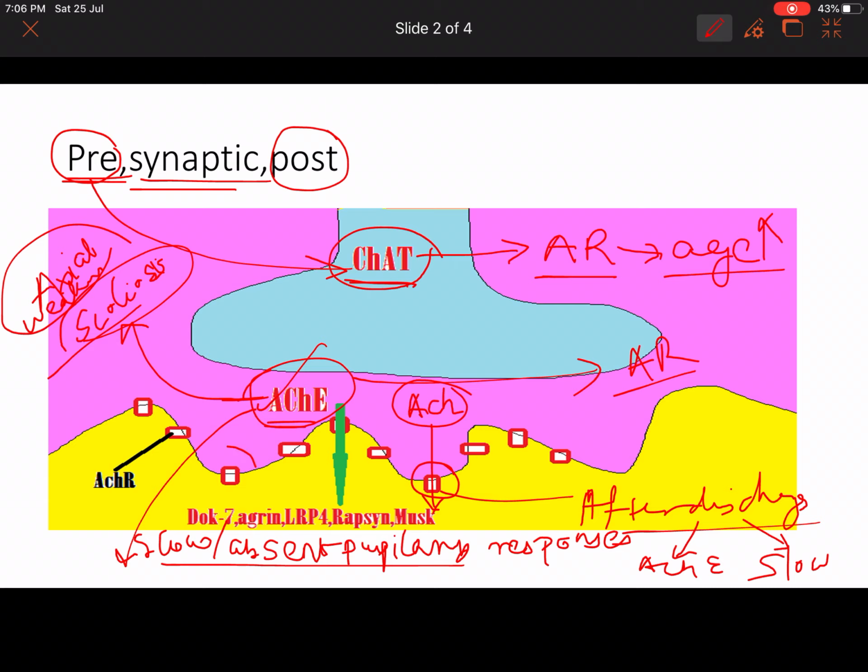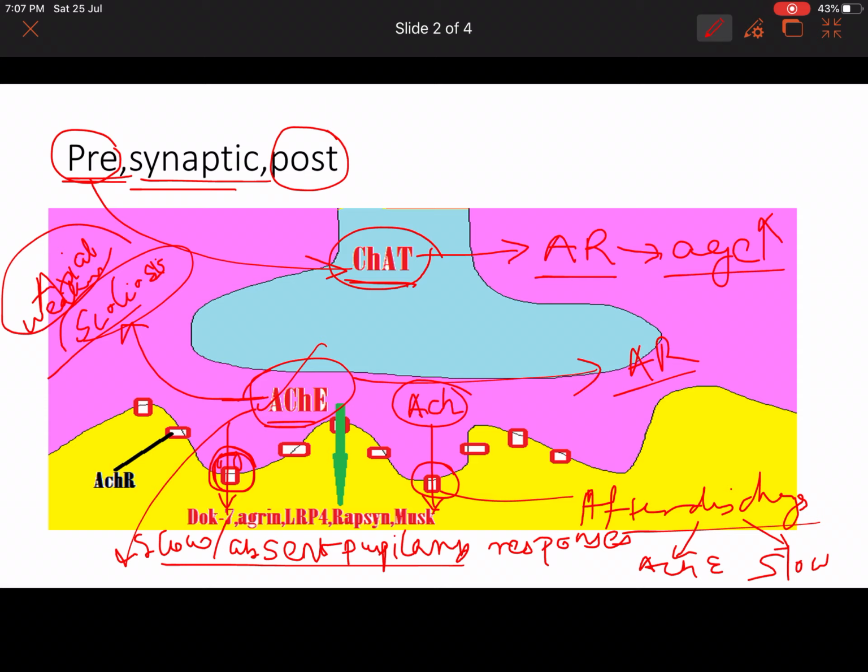Let's discuss it together. This channel is actually, first of all, a ligand gated sodium channel, okay, and this remains open only when acetylcholine binds to it. Now, what happens in slow channel syndrome? This channel remains open for prolonged periods of time, right?